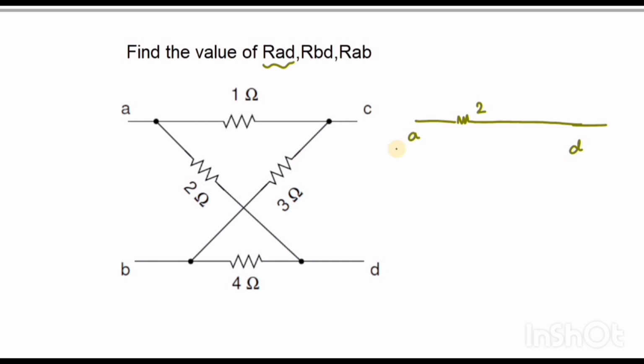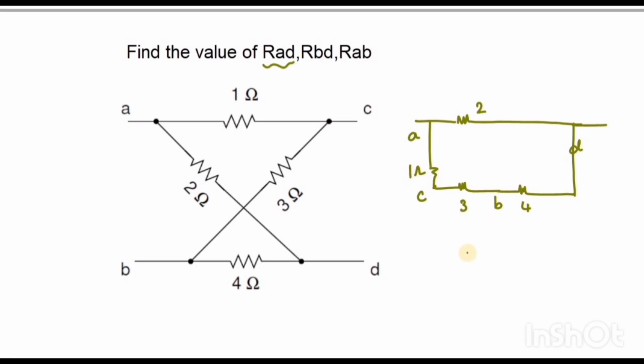And A starts from 1 ohm resistance and it goes to C. Then from C, it goes to B through 3 ohm resistance. From B, it goes to D through 4 ohm resistance.